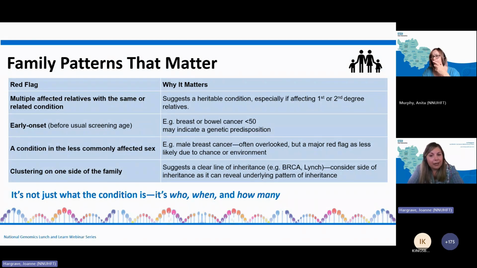Clustering means that there are several people in the same generation or closely related who have the same condition, and this may be a sign that it's inherited because those relatives share genes. Spotting these kinds of patterns really helps doctors to figure out if there is a genetic cause. So what we want you to take from this is that it's not just what the condition is, it's who has the condition, when it was diagnosed, and how many people.